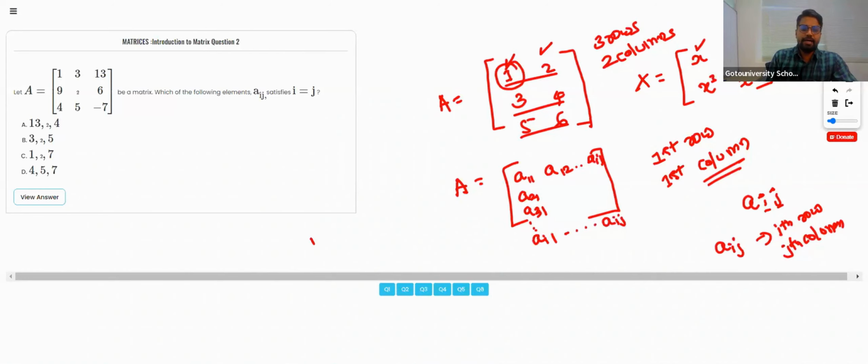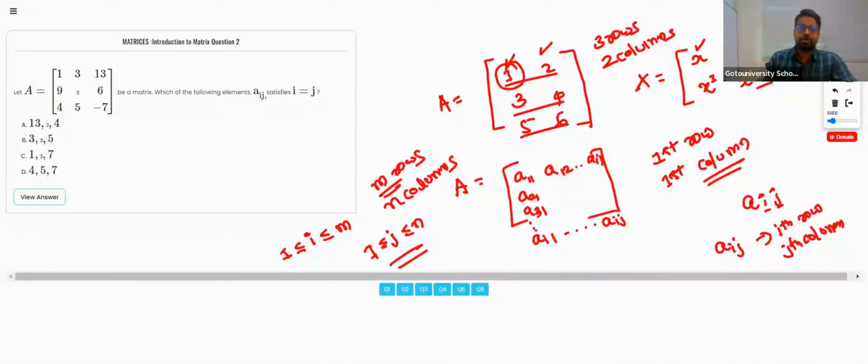What is i here? i is a number which lies between 1 and the highest number of rows, let it be m rows. And what is j? j also lies starting from 1, because 0 is not allowed here. If the number of rows is m and the number of columns is n in a matrix, generalizing this, j lies between 1 and n and i lies between 1 and m.